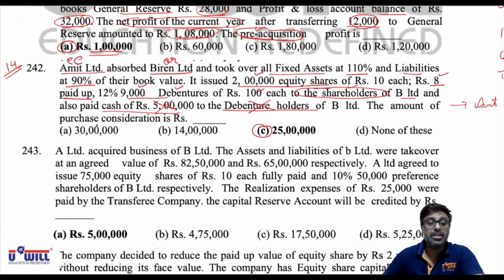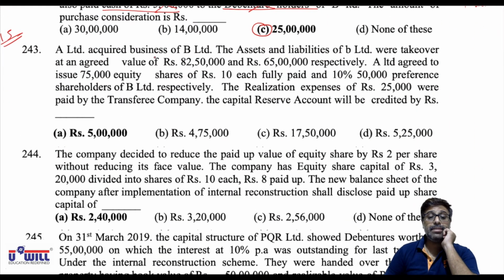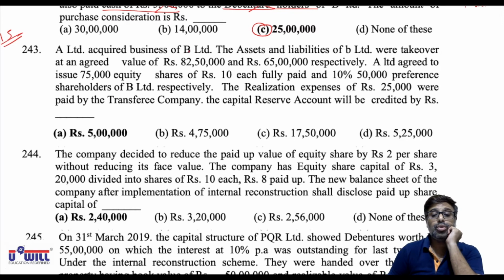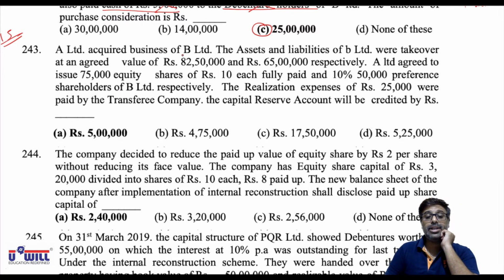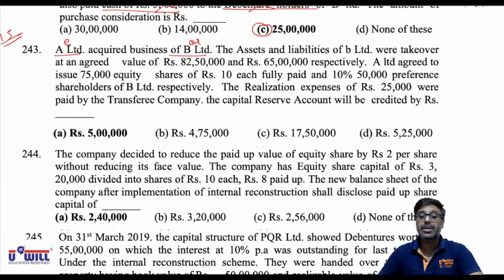That is 15th question. A Limited acquired the business of B Limited. So B Limited is going into liquidation, that is transferor company. A Limited is purchasing it, that is transferee company. The assets and liabilities of B Limited were taken over at an agreed value of, assets agreed value is 82 lakh 50,000 and liabilities agreed value is 65 lakhs respectively.